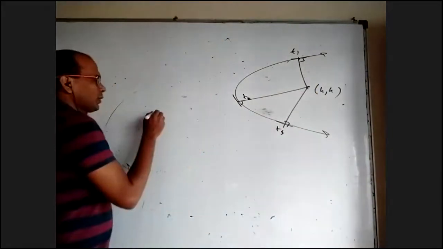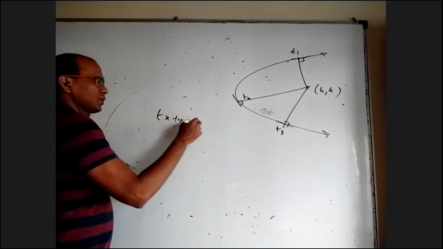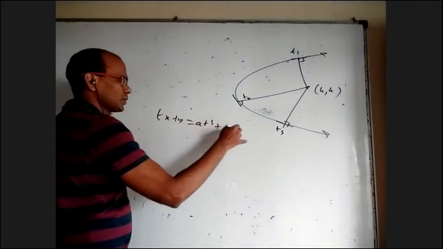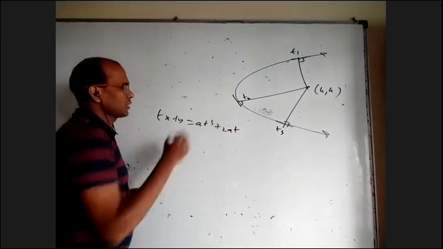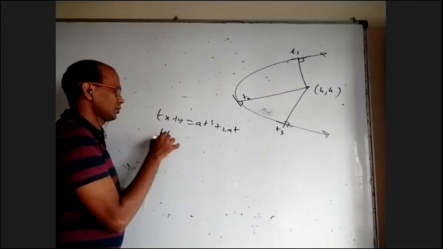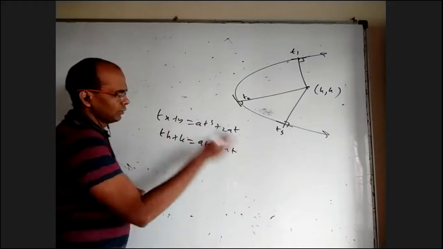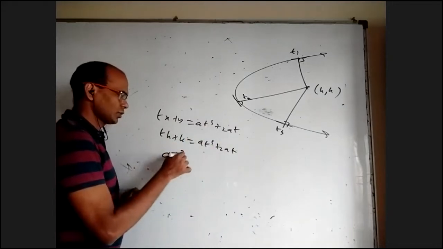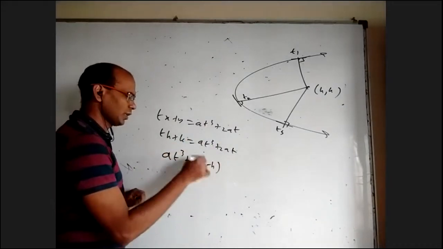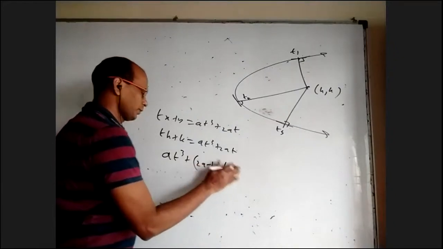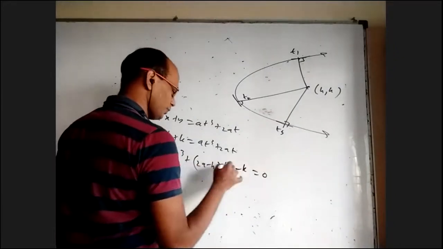Any normal of a parabola will be in the form of tx plus y is equal to 2at plus at cube. It should pass through h comma k. You can substitute h and k: th plus k is equal to 2at plus at cube. When you bring everything to one side, it's a cubic equation: a t cube plus (2a minus h) into t minus k equal to 0.